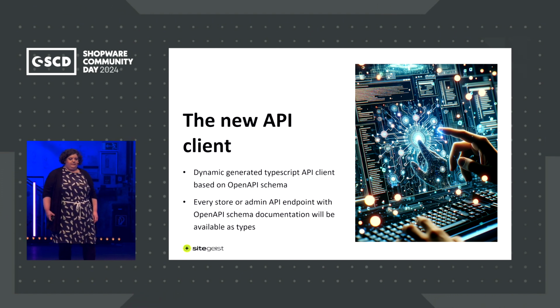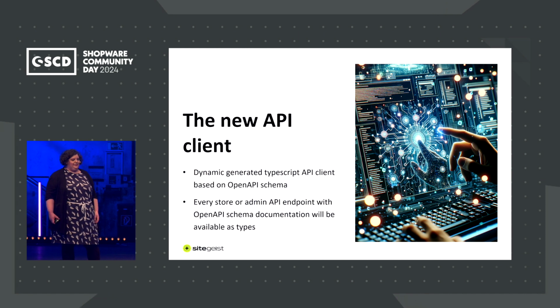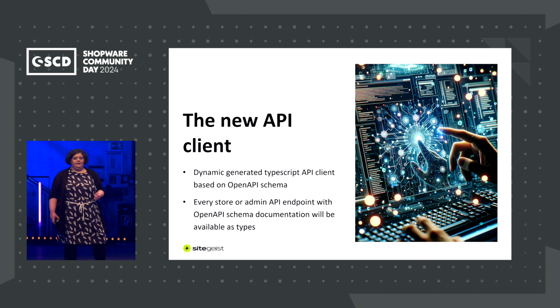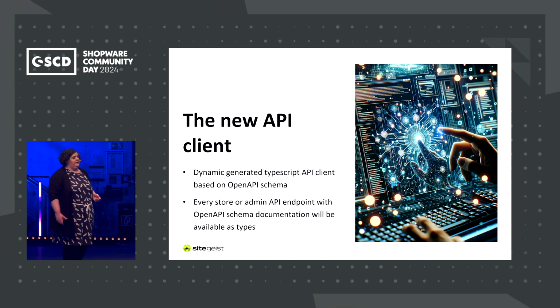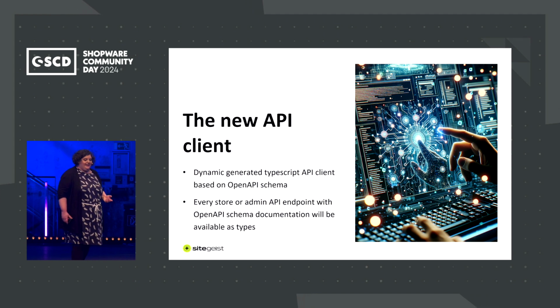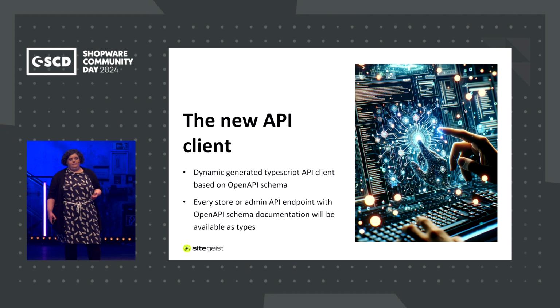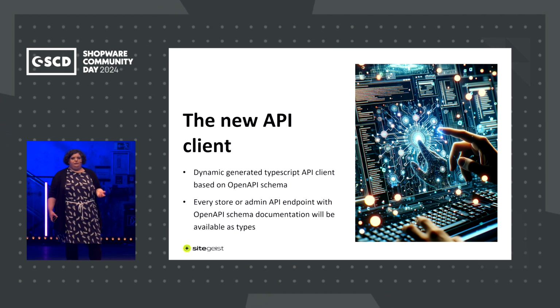And I will show you how you can update the API client with your own API endpoint. By default, all the Shopware API endpoints with API documentation are available, and if you create your own API endpoint, you have to generate the API client new.